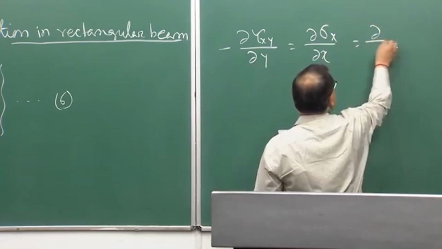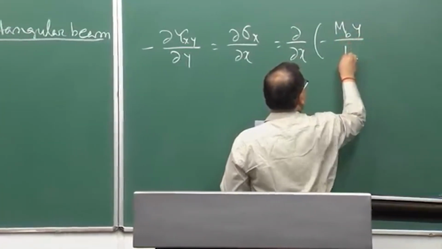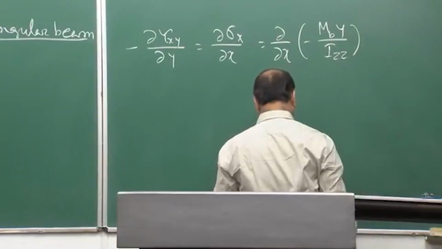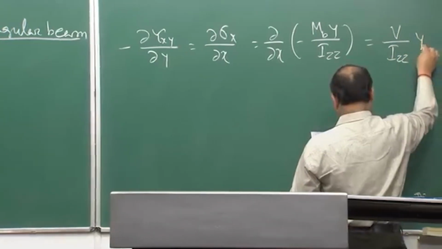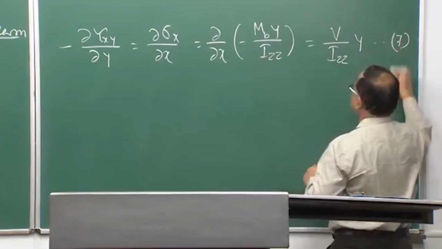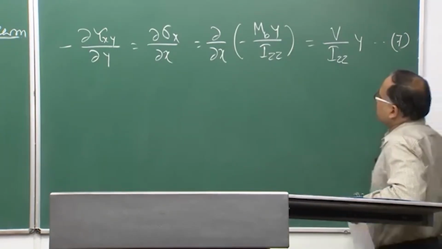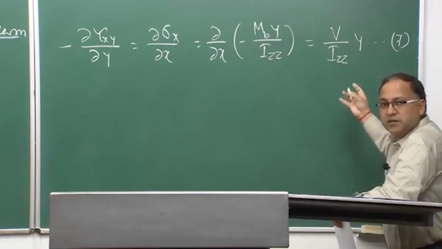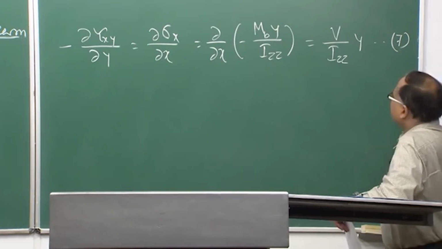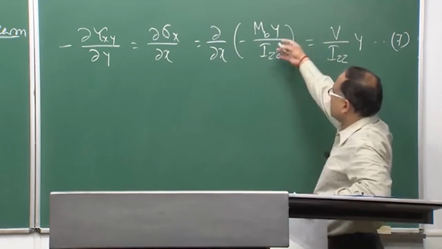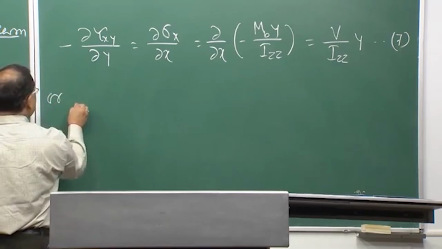It can be written as minus del by del x of M_B y by I_zz, that is the expression for sigma x, which is nothing but V y by I_zz, right, because del M_B by del x is nothing but V, the variation of bending moment with respect to x, that is your shear force V. So, minus V, and minus minus will become plus. So, from this I can simply write.